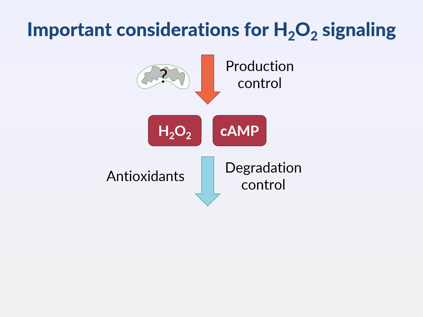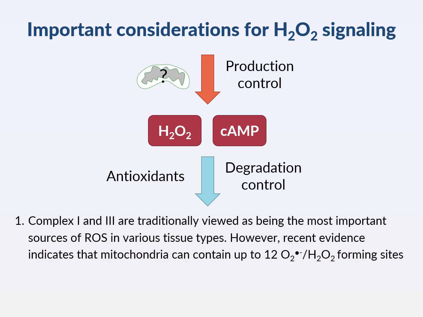So the first thing I'll be addressing is not controlling mitochondrial peroxide production per se, but rather the different sites of production. In this particular case, complex 1 and 3 are traditionally viewed as being the most important sources of ROS in various tissue types. However, recent evidence indicates that mitochondria contain up to 12 superoxide and hydrogen peroxide forming sites.